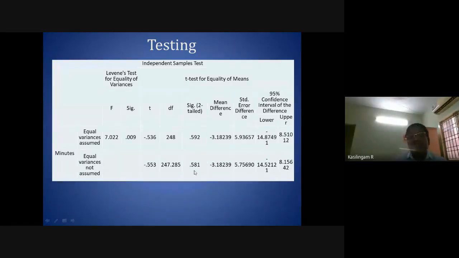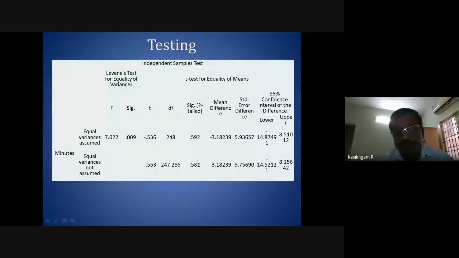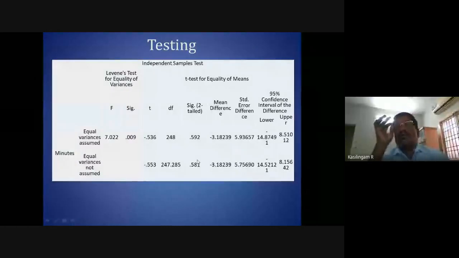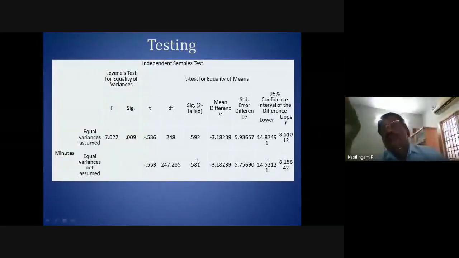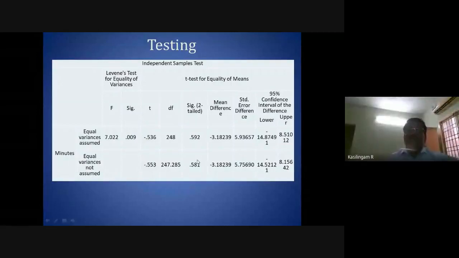Now this is the significant value we have to see. Now what is 0.581? 0.581 is greater than 0.05, which means we have to accept the null hypothesis.